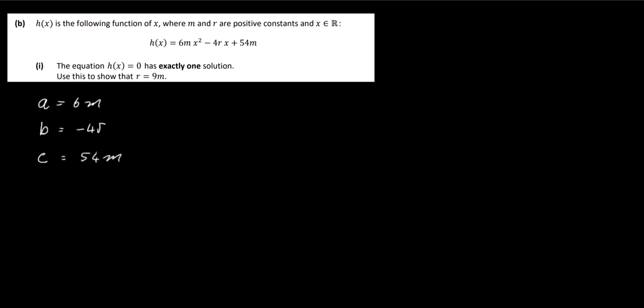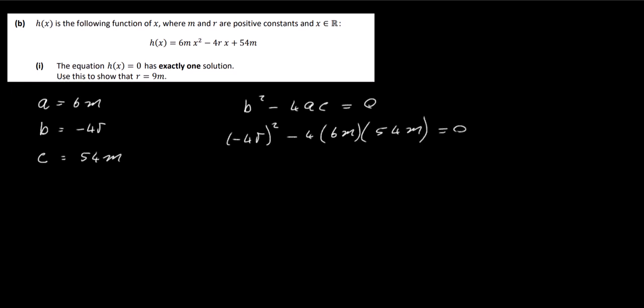Now, for our equation to have exactly one solution, b squared minus 4ac has to be equal to 0. So b squared is (minus 4r) squared, minus 4 times a, which is 6m, times c, which is 54m, and that's equal to 0.